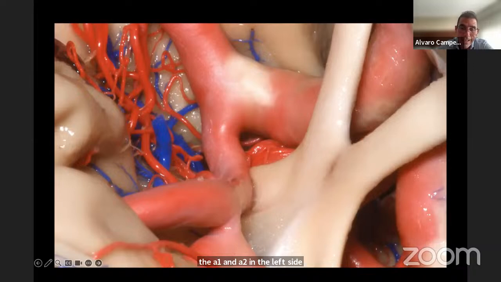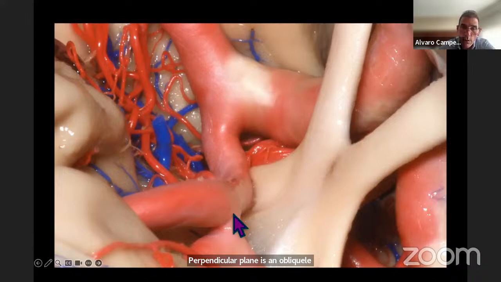So we can see that the left post-communicating artery is in front, from the right side. The ACom, which is very small, is not in a perpendicular plane, it is in an oblique plane.